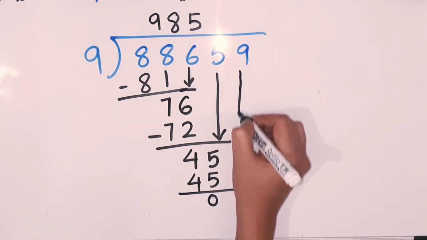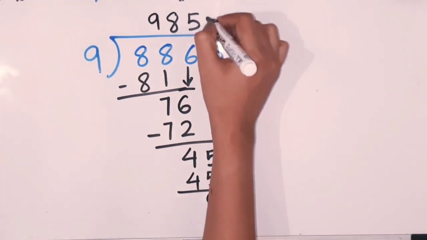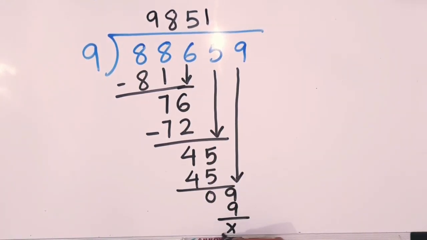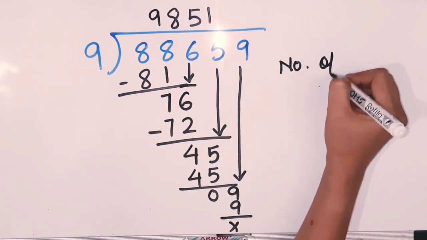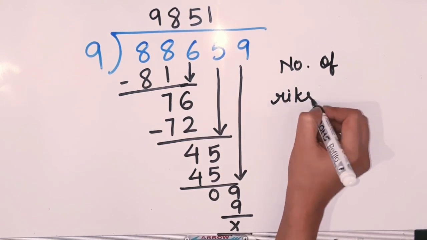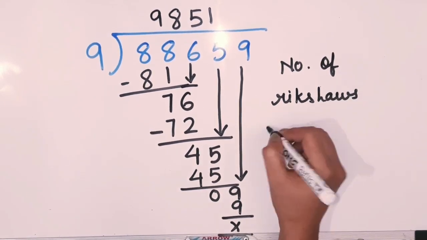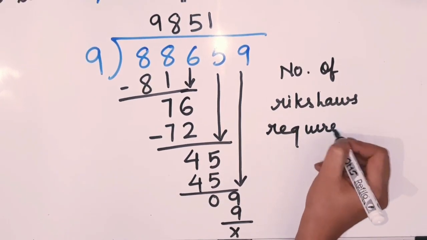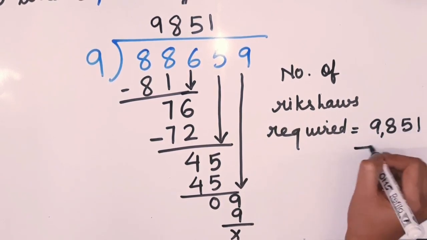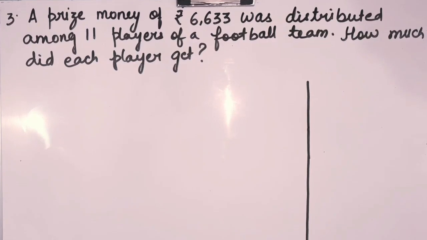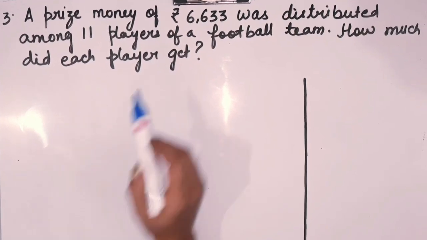Again 0 and this 9 will come down, 9 ones are 9, and finally we got the answer. So number of rickshaws required is equal to 9,851.